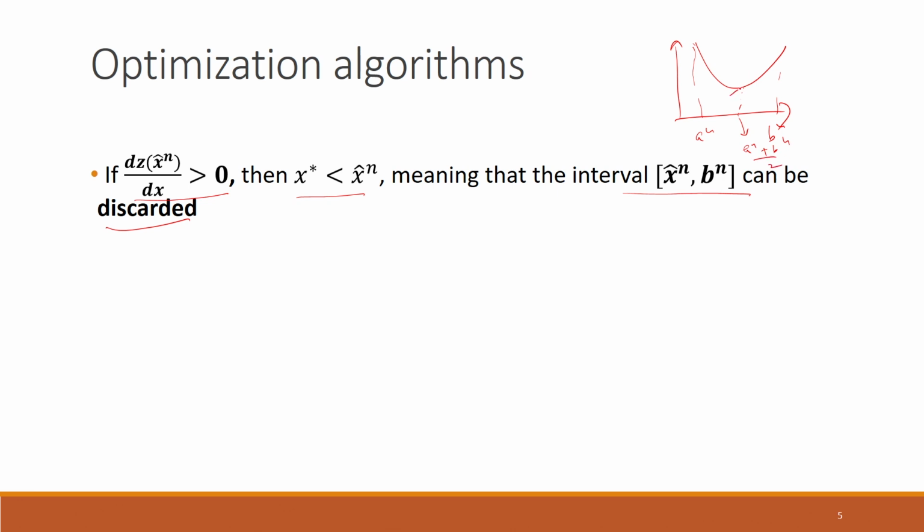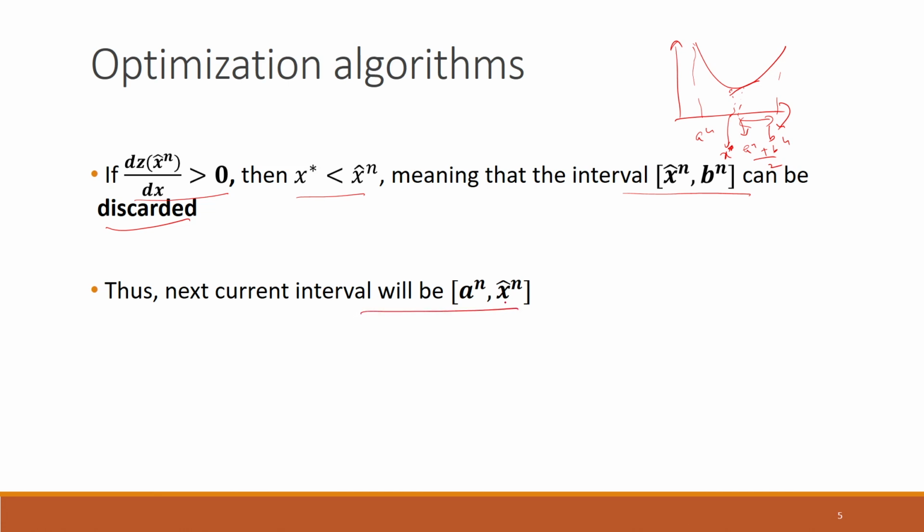At this point the slope is positive. Suppose the optimal solution is this x star. Then there is no point of focusing on the interval from the middle point till b_n, so we discard that, and the next interval will be [a_n, x hat n].